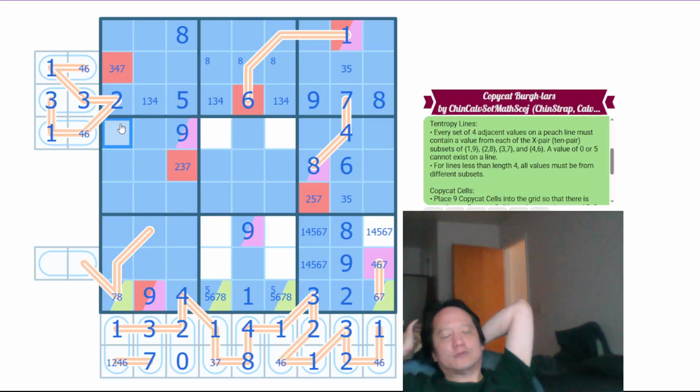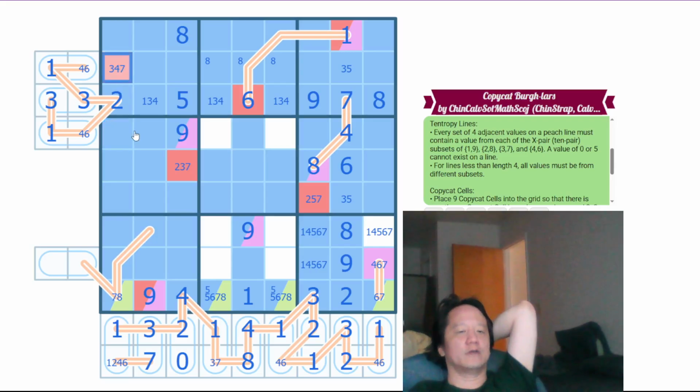Or 2? Well, 2 can't be because 2 is in the column. So then this is 3, can't be 4, it could be 5, 6, 7, or 8 is possible.